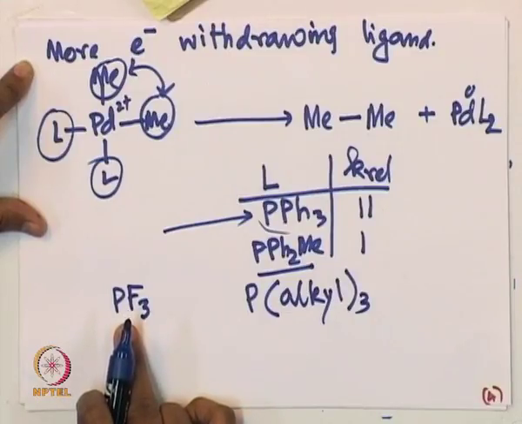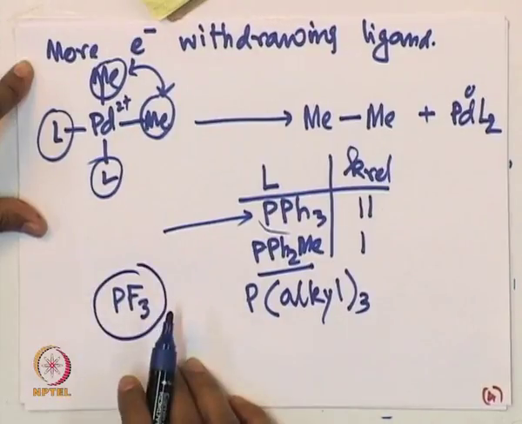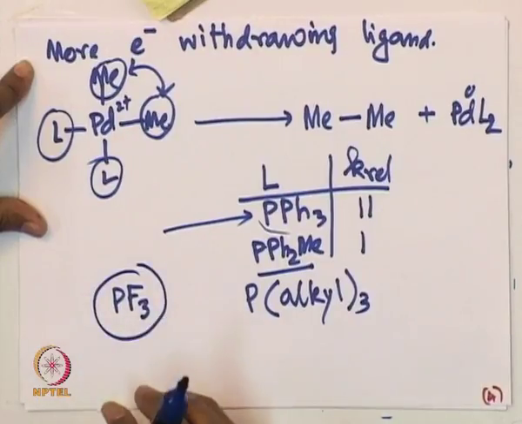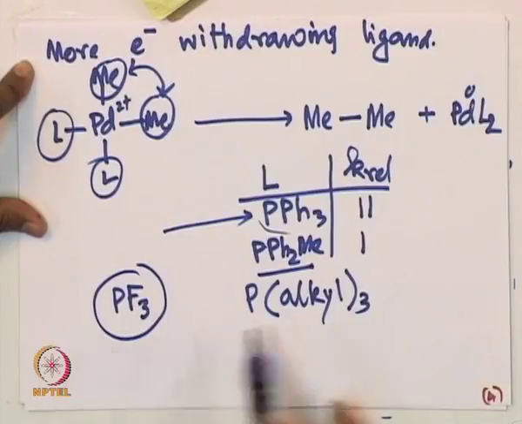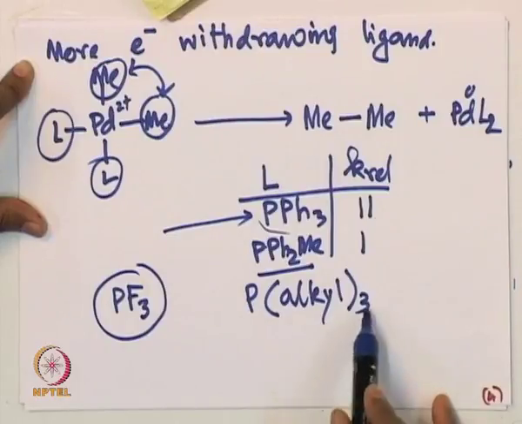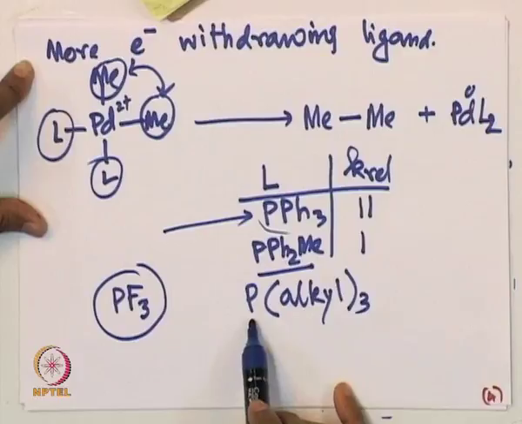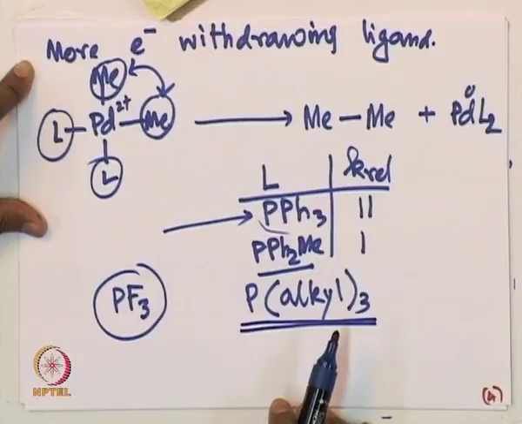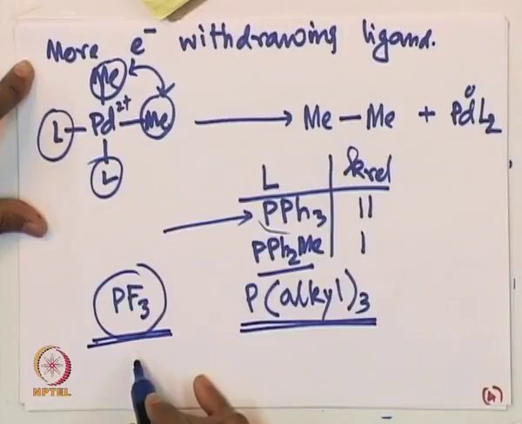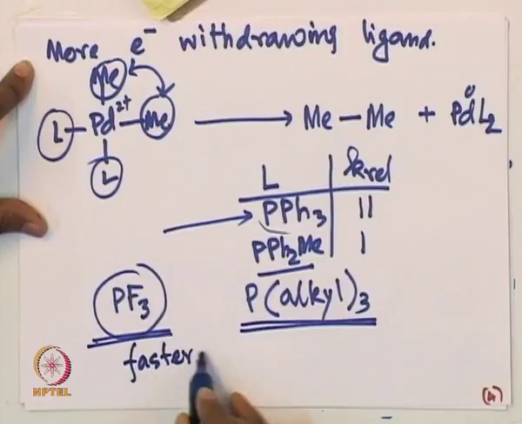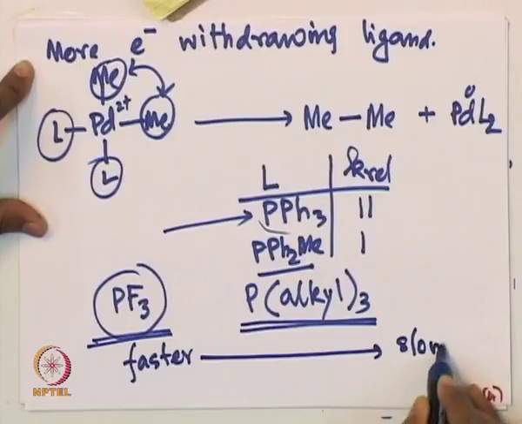If you apply the same principle once again, you will see that, of course, PF3 is electron deficient as well as smaller in size, or mostly electron deficient. Depending on the alkyl group, of course, you will have different steric bulk, but this is usually very much electron rich. In this case, since PF3 is very electron deficient, you will get a faster reaction rate. Overall, with the alkyl phosphane, you will get a slower reaction rate.